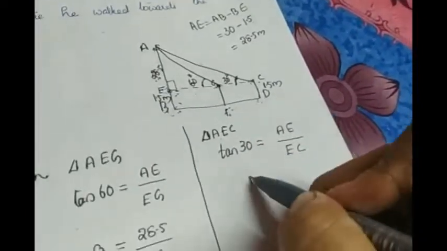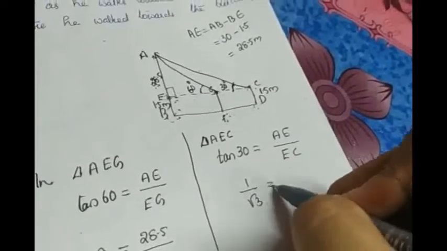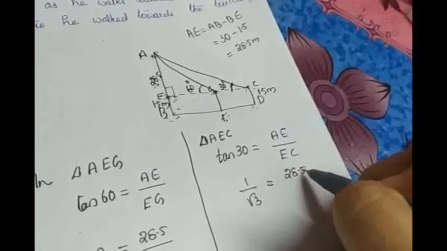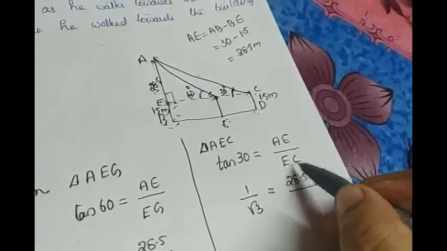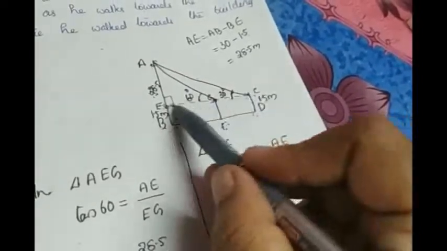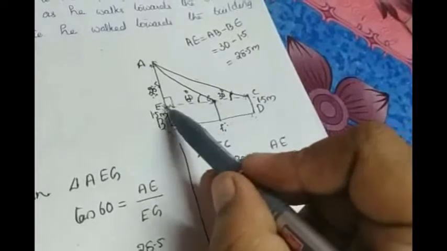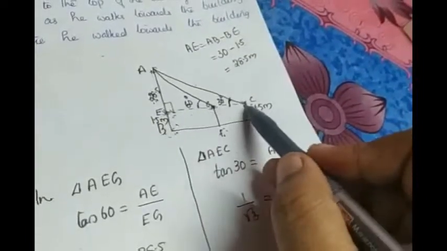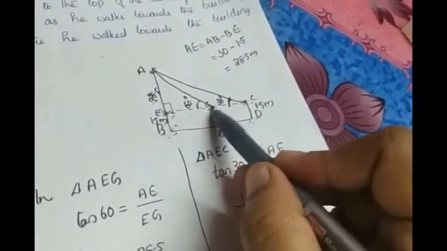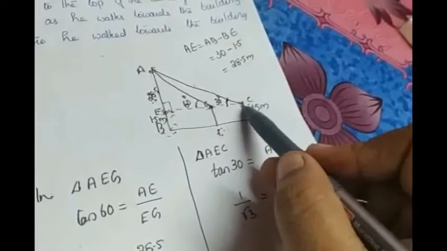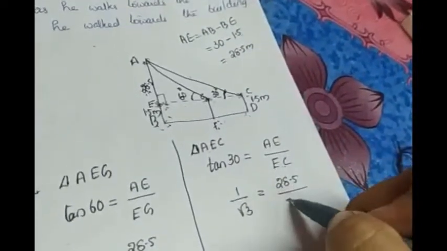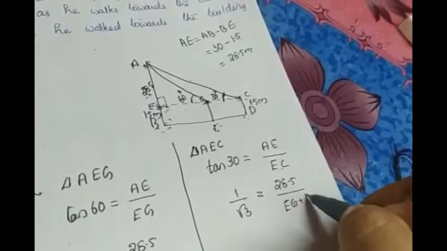Tan 30, what is the value? 1 by root 3 is equal to AE, 28.5, divided by EC. EC is the full distance, isn't it? Instead of EC, I can split it as EG plus GC. Why? Because the length of EG I know and the length of GC we need to find.